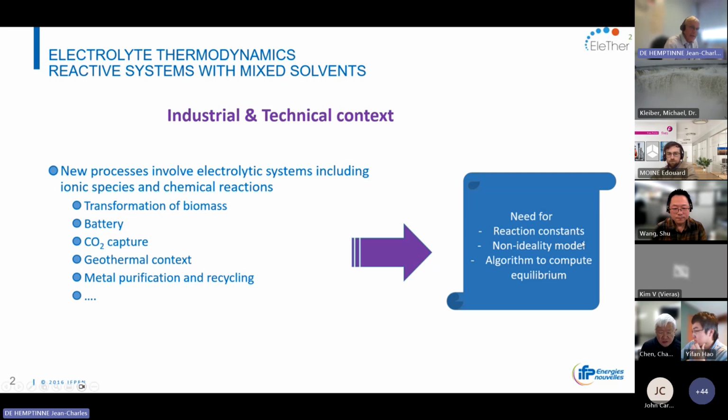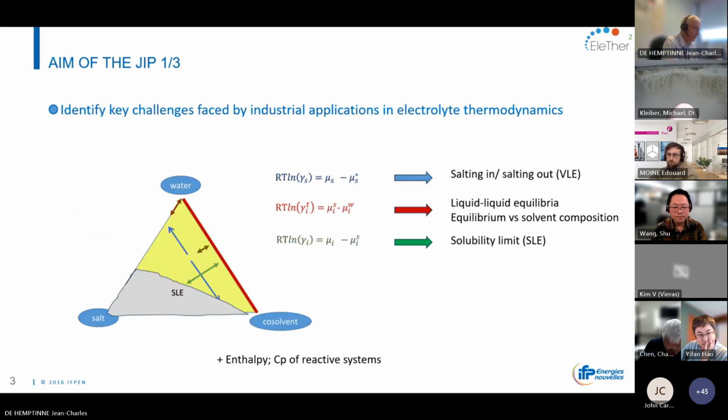The second item is that it's generally strongly non-ideal. And the third item is that we may encounter many different phases. So we need a very robust algorithm. The combination of these three challenges makes this topic, I believe, quite something that we need to work on as a community.